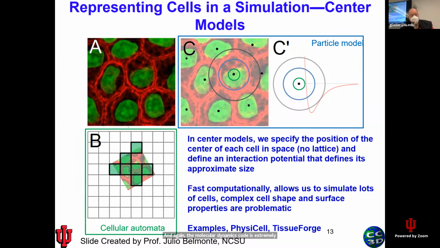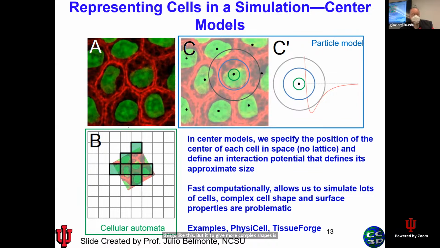So you could use great back-end solvers like, well, there are many molecular dynamics solvers. But the cells don't intrinsically have a shape. They're really just positions and radii. Now, it's possible to make the cells ellipsoids and things like this, but to give more complex shapes becomes problematic.